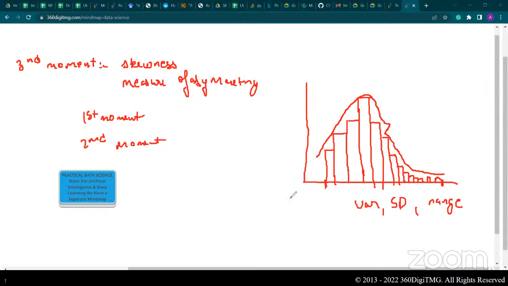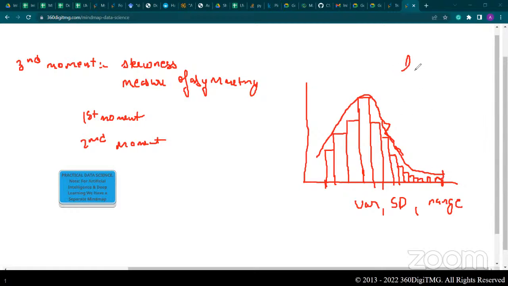Now here, as we can see, it is moving up quite quickly. There is nothing here. This point is starting from here. There is nothing here, and it is moving towards the right. As it is moving towards the right, the line is tailing towards this side.